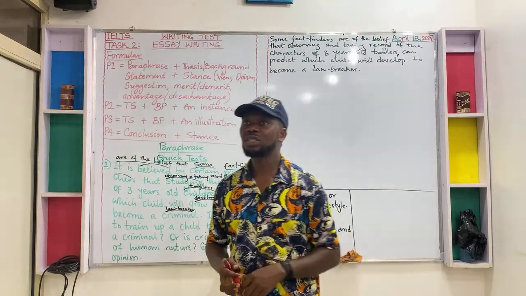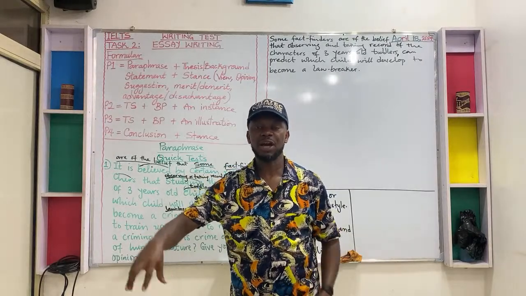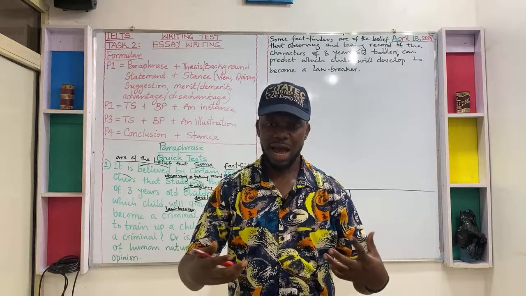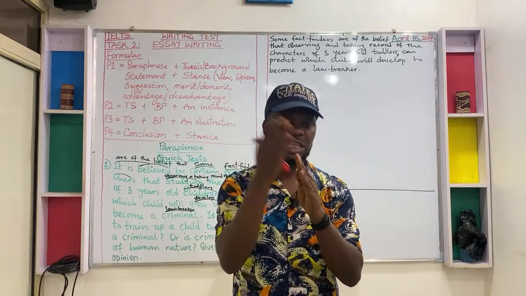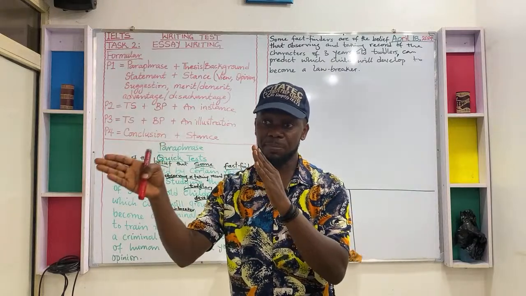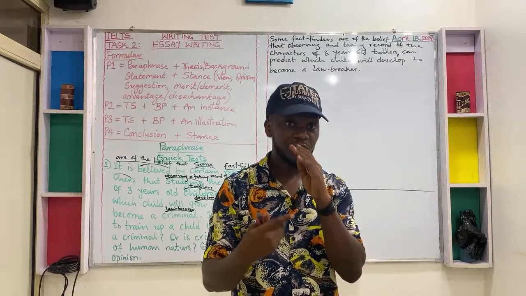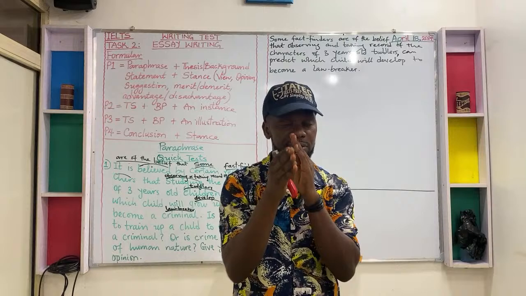There is no one that was born in an environment called a criminal environment. But when you come into the world and you begin to see things and no one advises you on this being wrong and this being the better path to go, and you keep seeing the wrong things all the time, you would end up believing that that wrong thing is the normal thing.